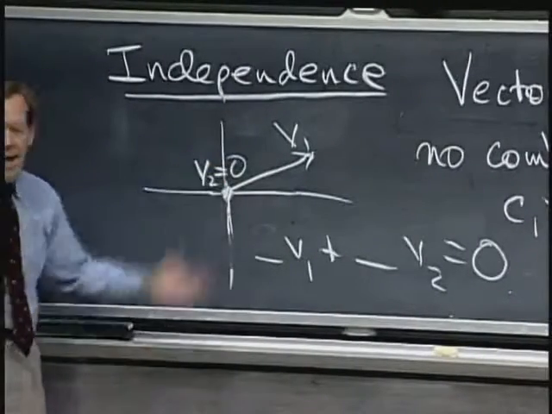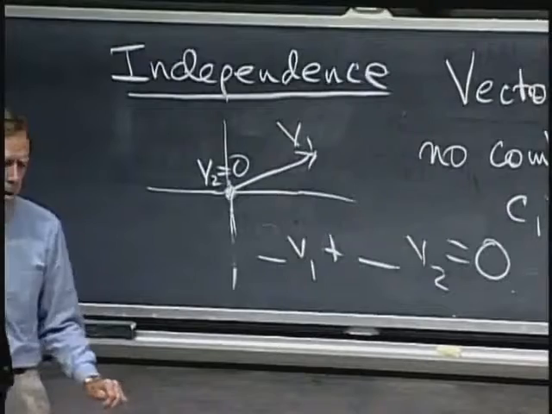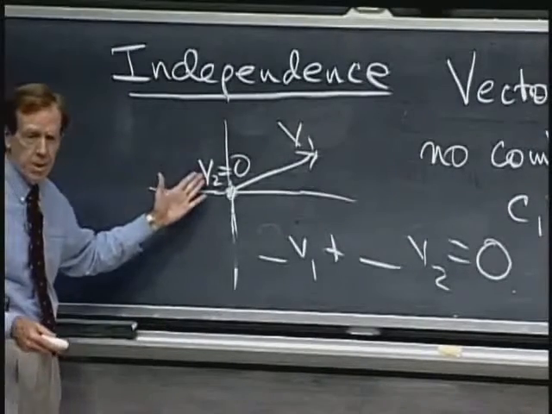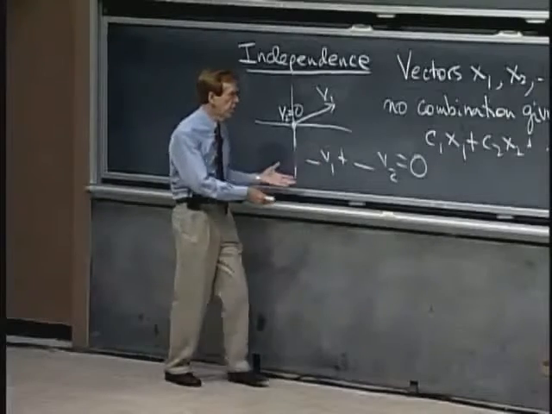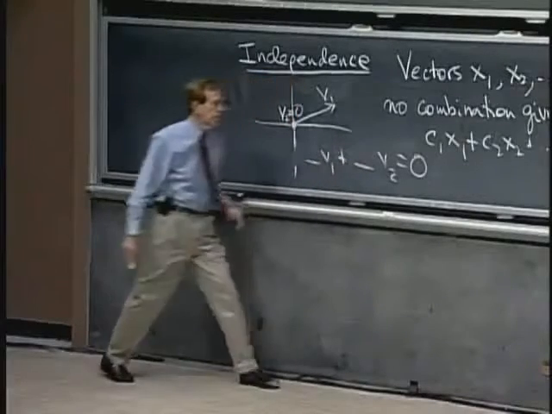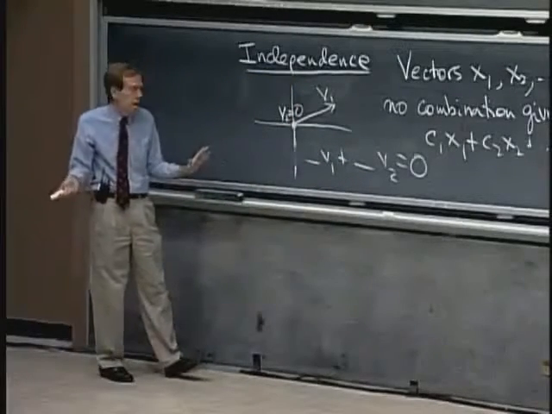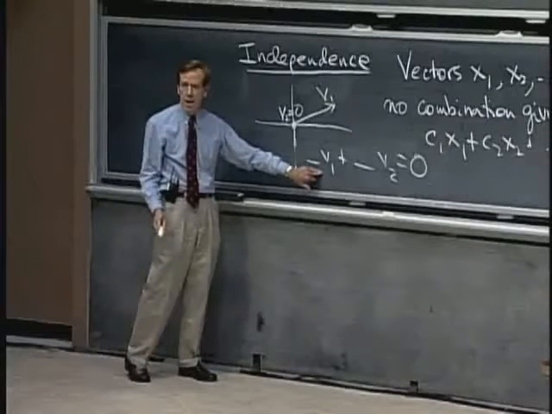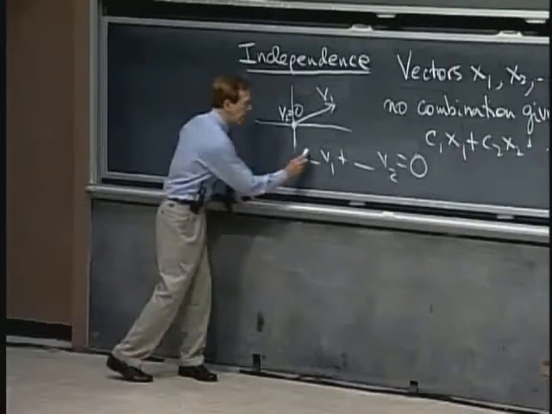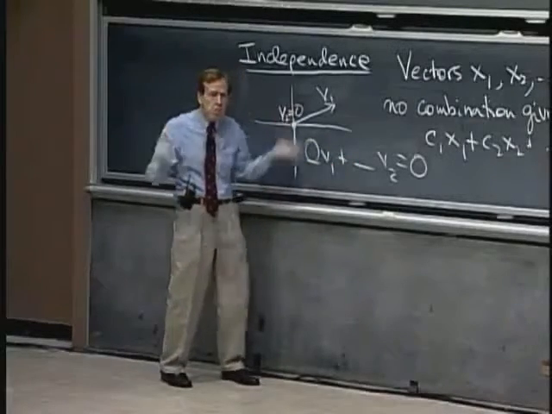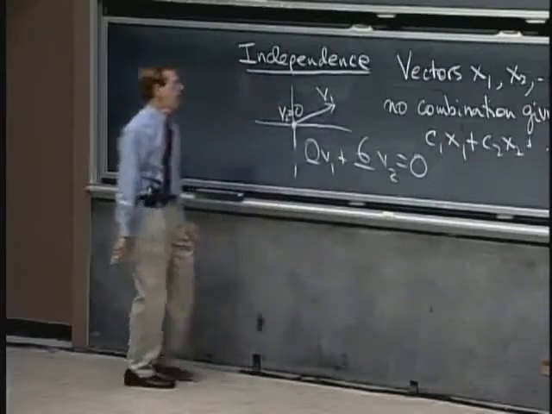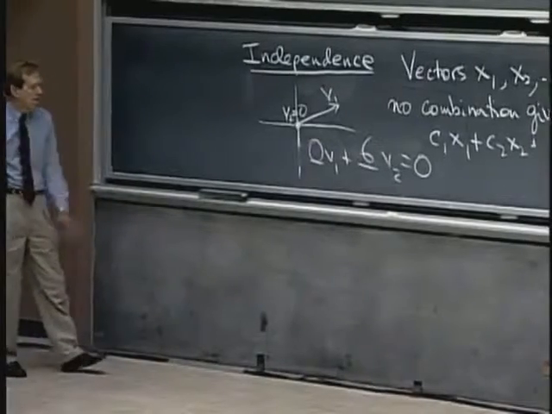If v1 is like the vector 2, 1, and v2 is the 0 vector 0, 0, then I would like to show that some combination of those gives the 0 vector. How many v1s shall I take? 0 of them. Take no v1s, but how many v2s? Say 6, or 5.